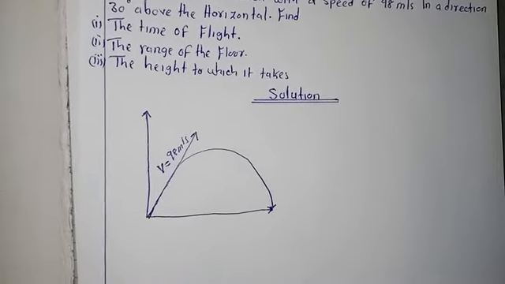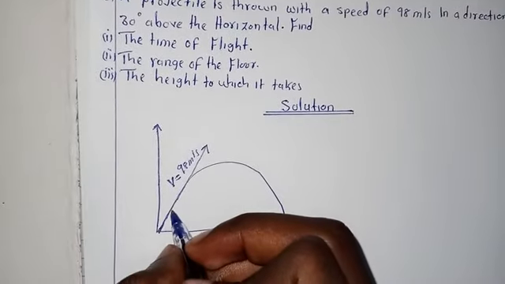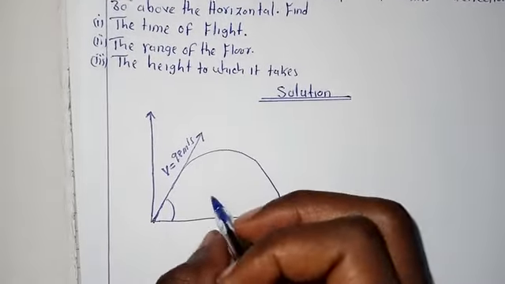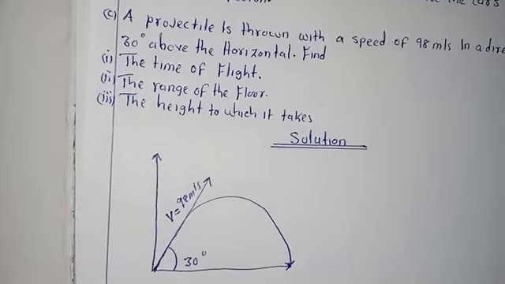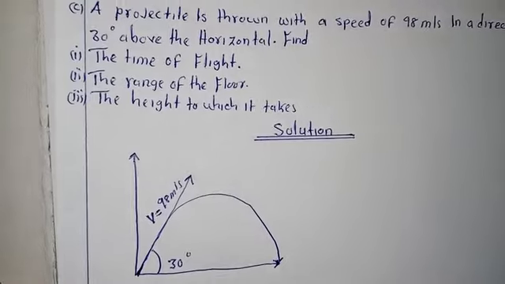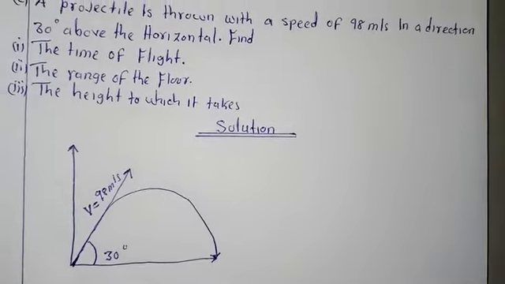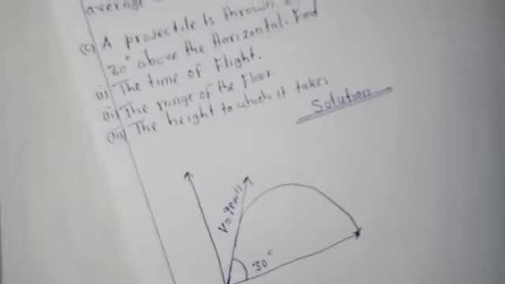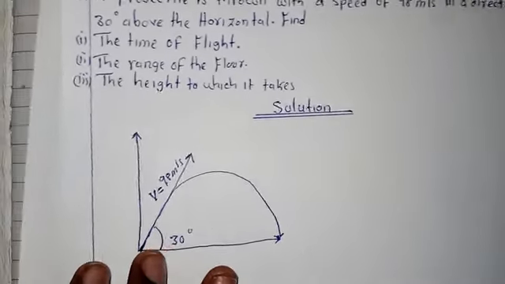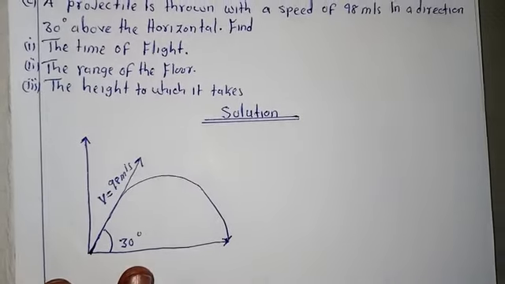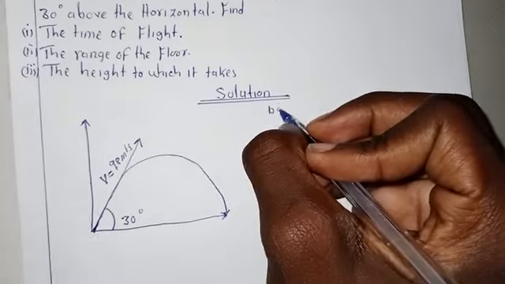Then we also have been told that it was at an angle of 30 degrees. Okay, so this happened at an angle of 30 degrees. Now, just to make sure that everything is done well, it is better that we come up with some data. So our data is going to be here.